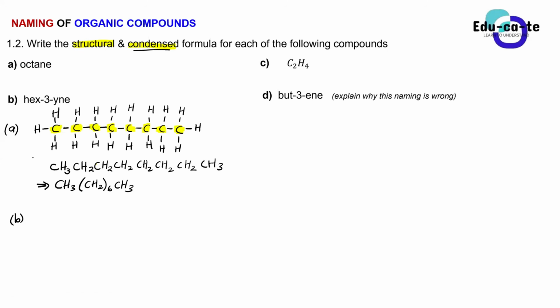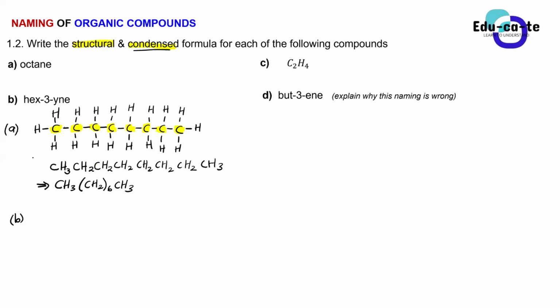So what I did, I counted from left to right. I did one carbon, single bond, second carbon, single bond, third carbon, triple bond, fourth carbon, single bond, fifth carbon, single bond, then the sixth one.